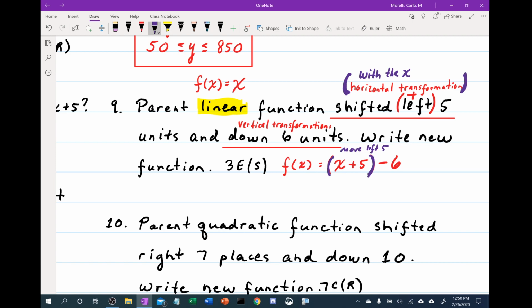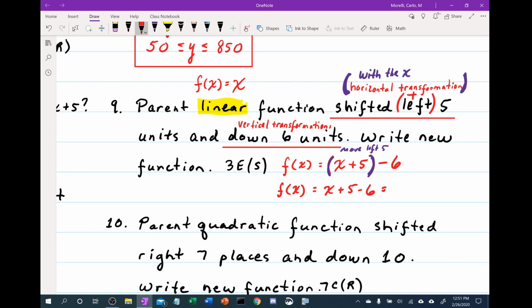So remember, all we're doing, we're taking a line here. This pen is the line. We're moving it. Well, for y'all, it would look like this. We're moving it left 5 spaces, and we're not rotating it or anything. And then we're going to move it down 6. So let's simplify. F of x equals x plus 5 minus 6.